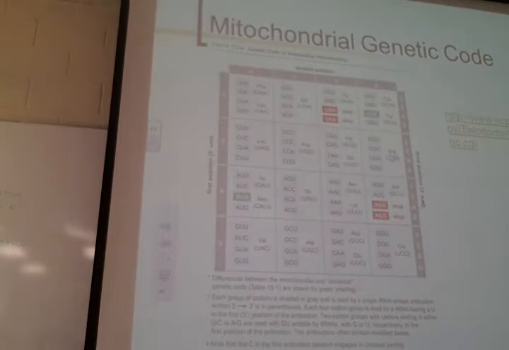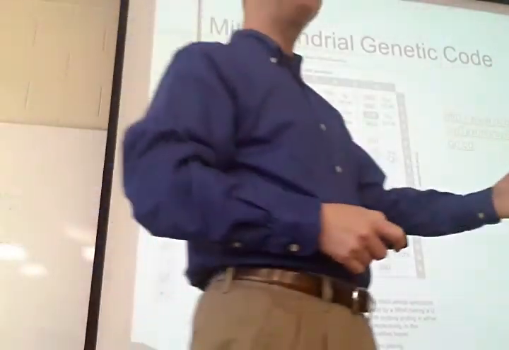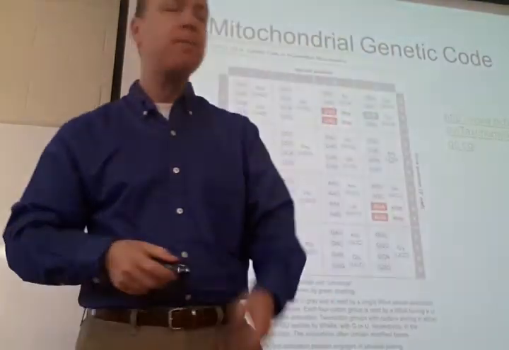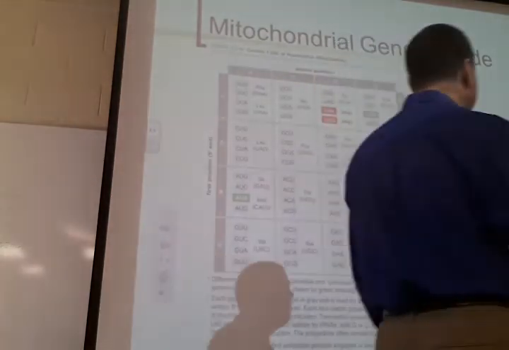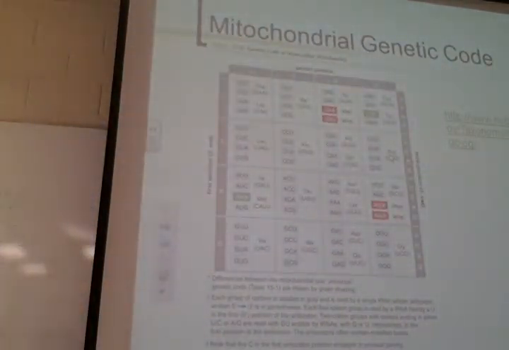So that was the first big discovery, was that it was a little bit different inside the mitochondria. Again, other people showed similar differences inside chloroplasts. But then other people, and we'll look at this link here, have also found slight differences in the nuclear codes of some organisms.